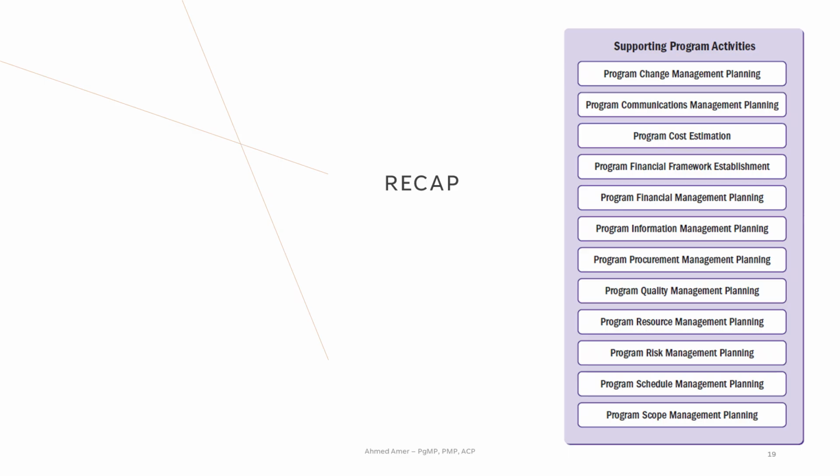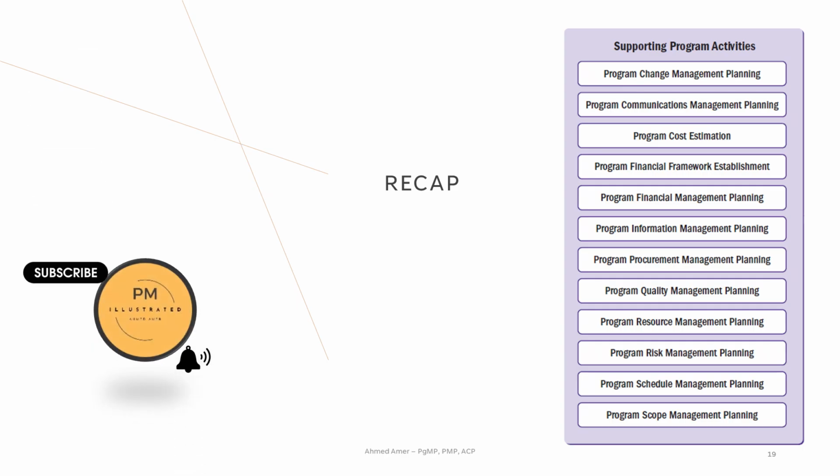As a quick recap, today we continued our discussion of the program definition phase and walked through all 12 activities in the planning subphase. We looked at what each activity involves, its definition, key actions, and outputs, and how those outputs contribute to the overall program management plan.